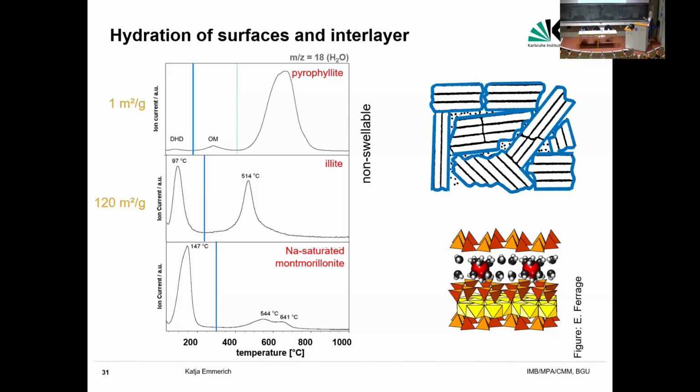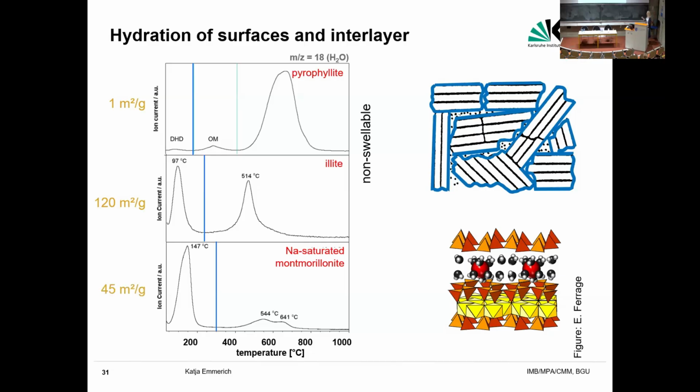And I already explained the illite was very fine-grained, very small particle size, and so those two surface areas were measured by nitrogen adsorption, and they correlate with the adsorption of water vapor, because in pyrophyllite and in illite you only have the water adsorption at the outer surfaces. The water cannot penetrate the interlayer.